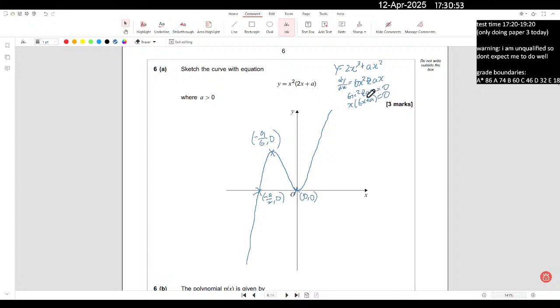I checked with my calculator. The turning point did not match. So let me undo. Yeah, I know, you don't need to tell me a billion times I did that wrong. So it should be negative a over 3. Yeah, that looks like the turning point to me.